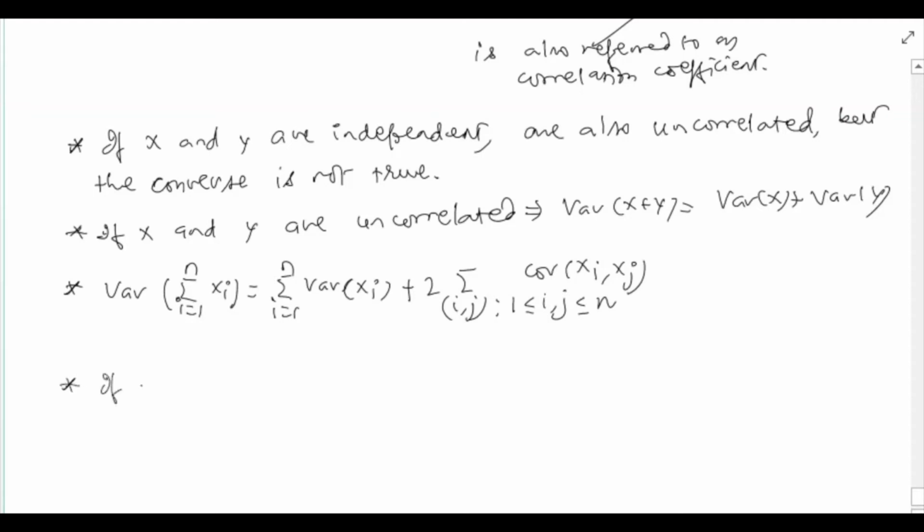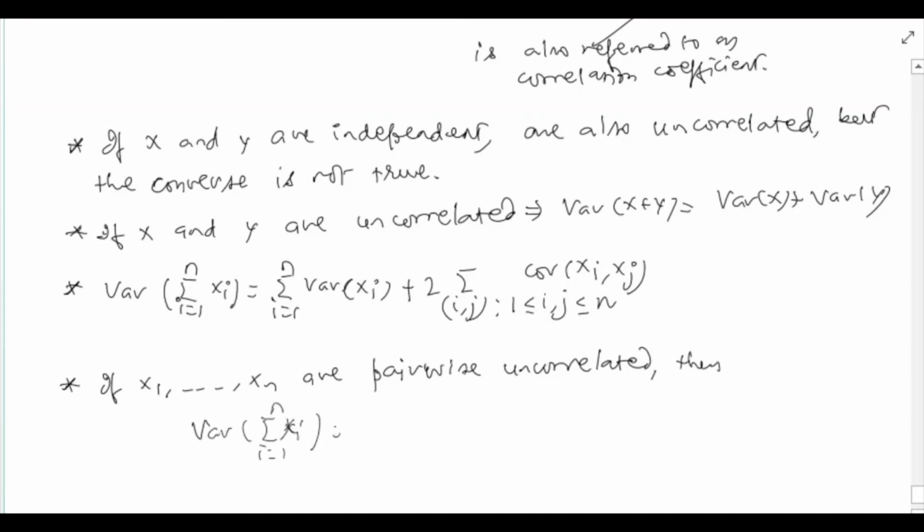So in fact, if x1, ..., xn are pairwise uncorrelated, that is their pairwise correlations are 0, all the terms in the second summation above become 0. So variance of sum of these random variables becomes sum of variances.